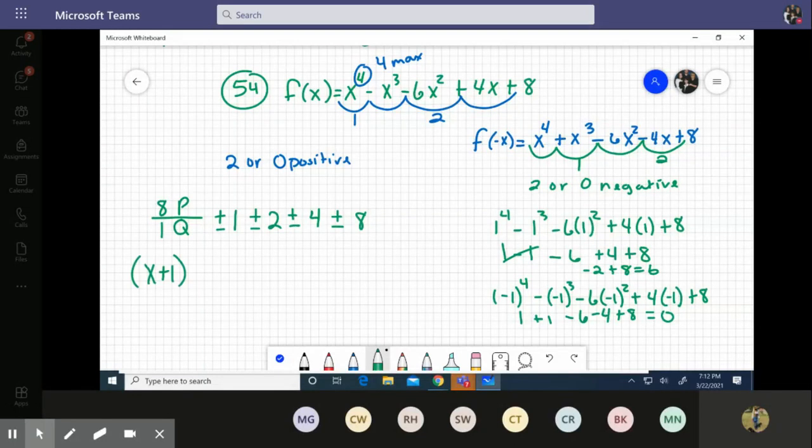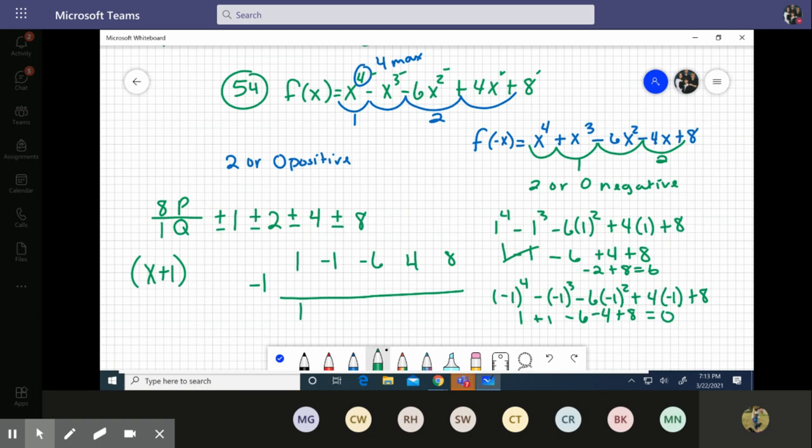X plus 1. I'm going to be dividing by -1. I've got 4, 3, 2, 1, 0, no gaps. So 1, -1, -6, 4, and 8.